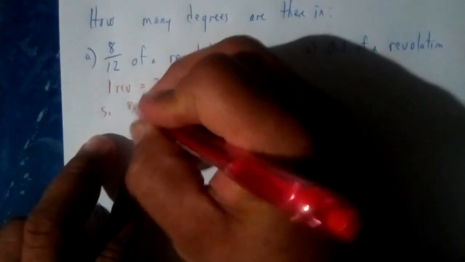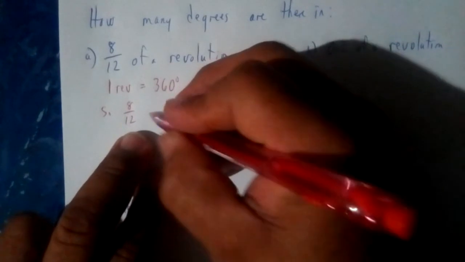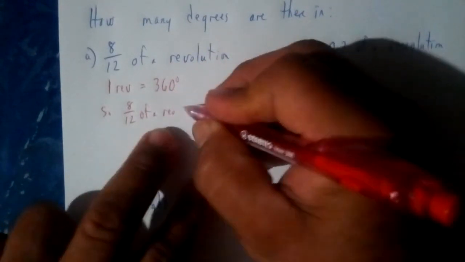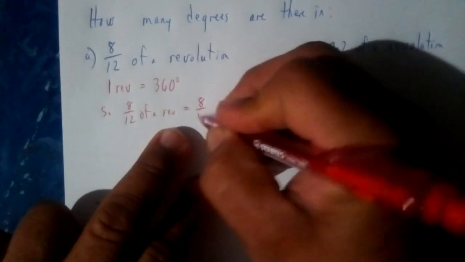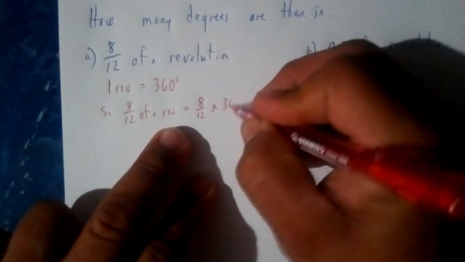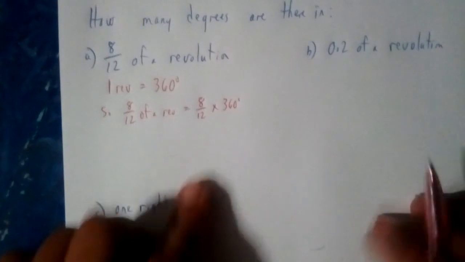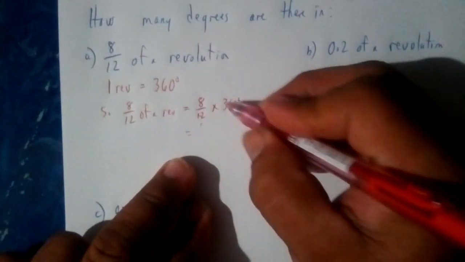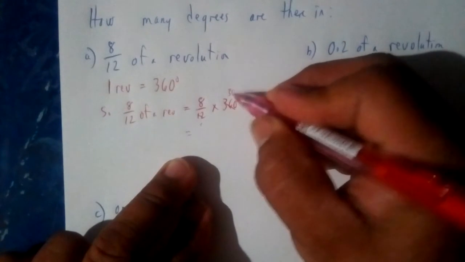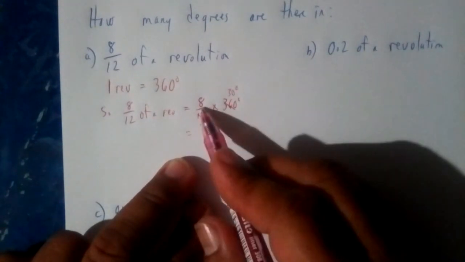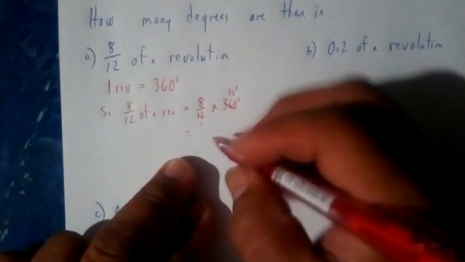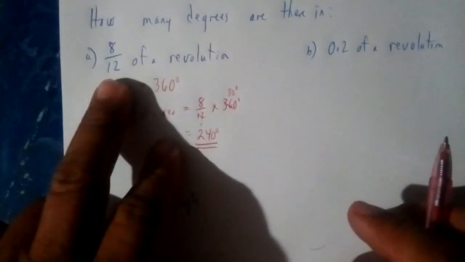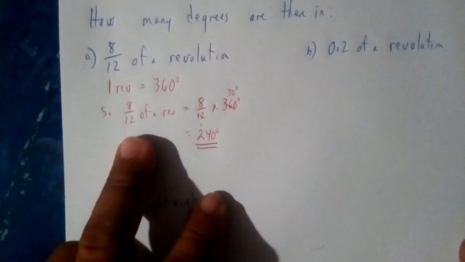So 8 over 12 of a revolution is equal to 8 over 12 times 360 degrees. Now do your cancelling. 12 cancels with 12 and goes into 360, 30 degrees. 8 times 30 gives us 240 degrees, and that is the amount of degrees that 8 over 12 of a revolution is equal to.